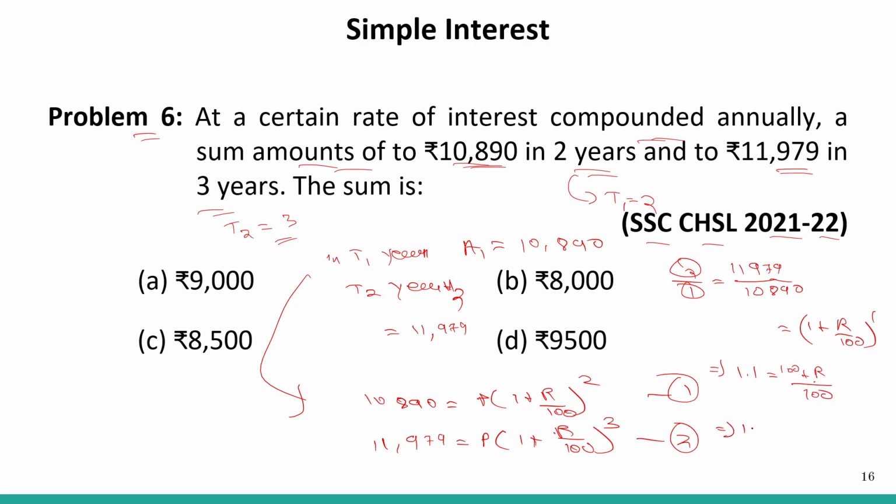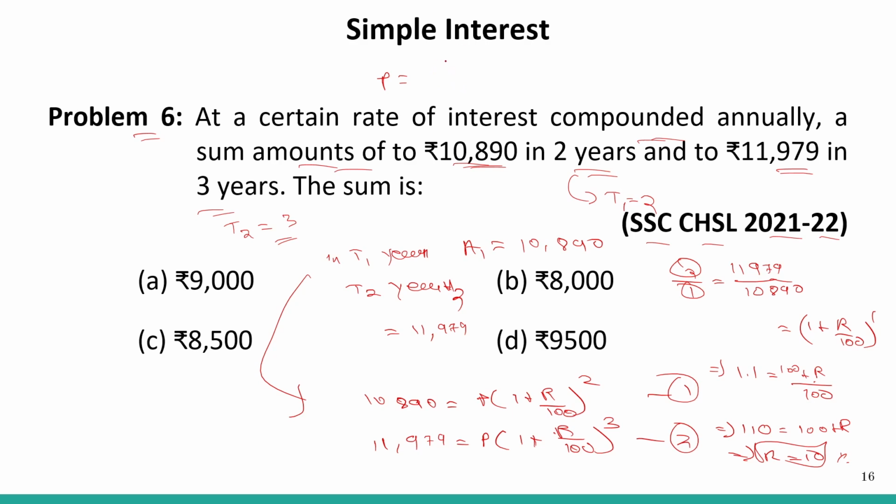So 110 is equal to 100 plus R, which implies that R is equal to 10. So now we can evaluate that the interest rate is 10% annually. So P will be equal to, so the amount will be 9,000.